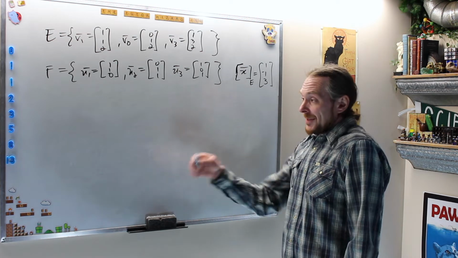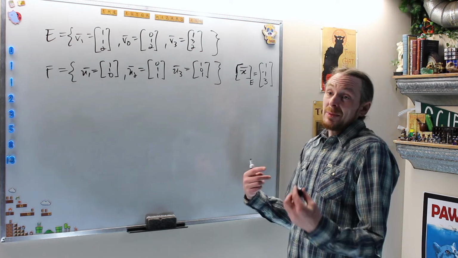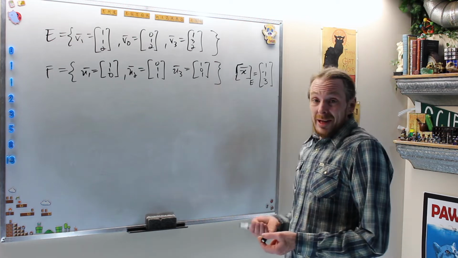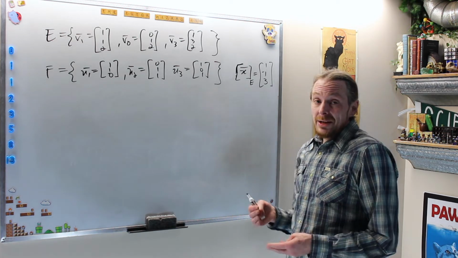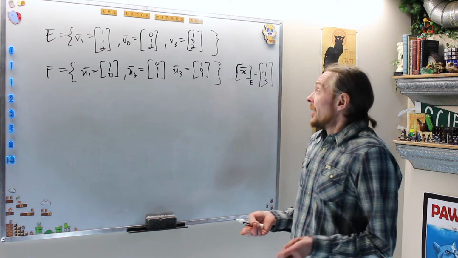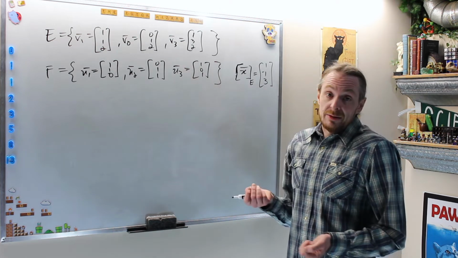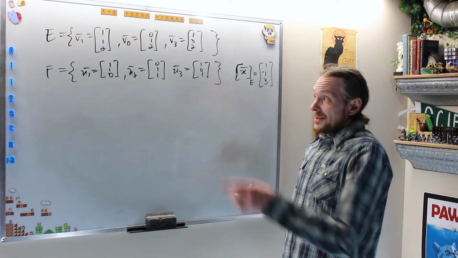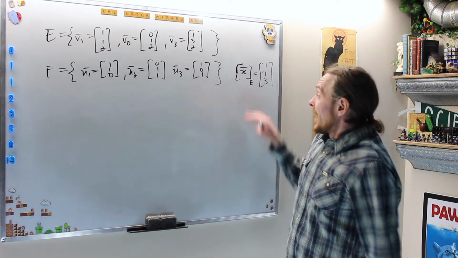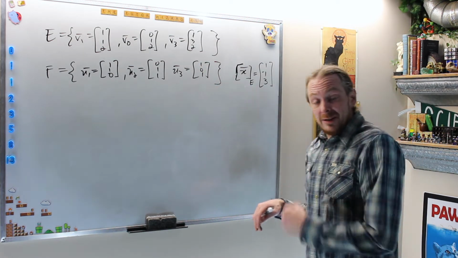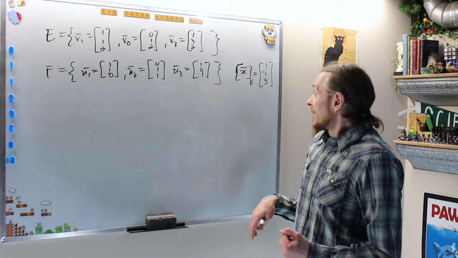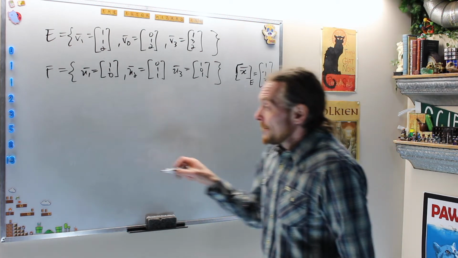We're going to do the exact same thing that we did with the two-dimensional case, except it's going to be much more work in the three-dimensional case finding the inverse and doing the computations. Otherwise, the scenario is the same. I want to find the standard transition matrix for the change of basis from E to F, and then I want to write X with respect to the basis F instead of with respect to the basis E.